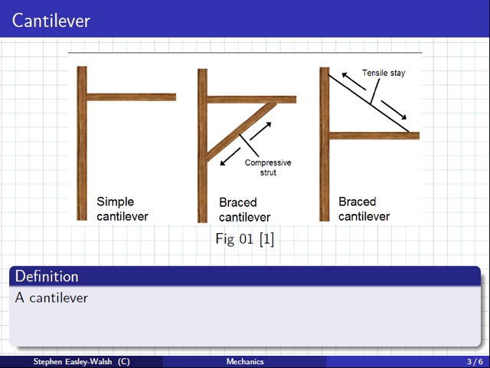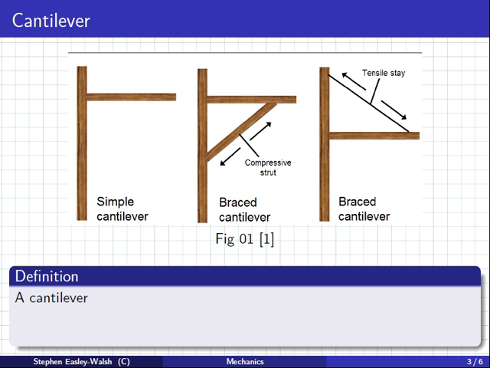Maybe. Another example is when you're outside a shop, maybe there's a sign hanging from the shop.